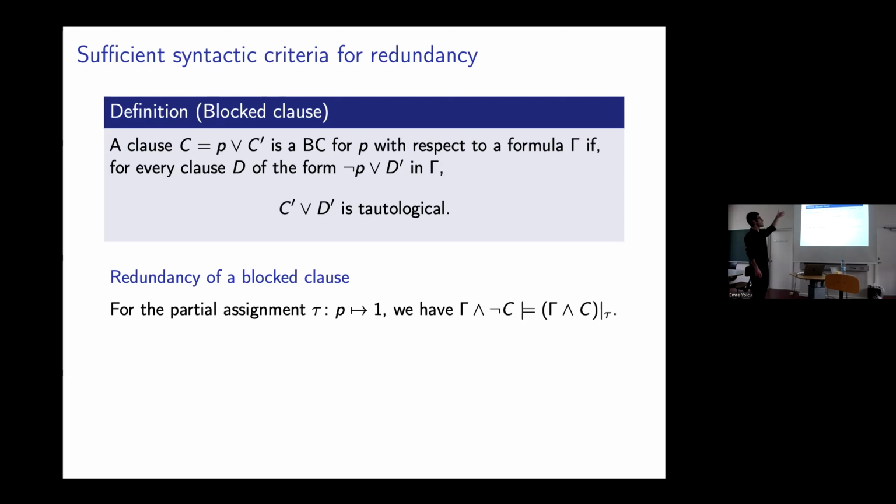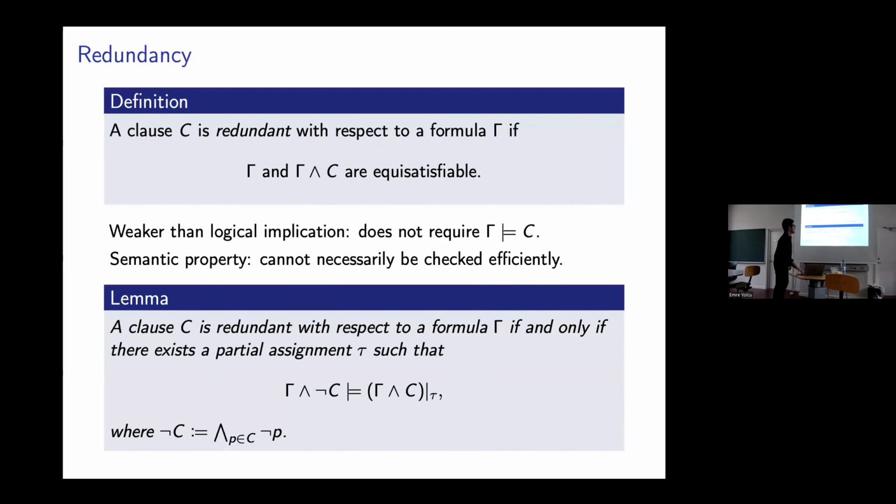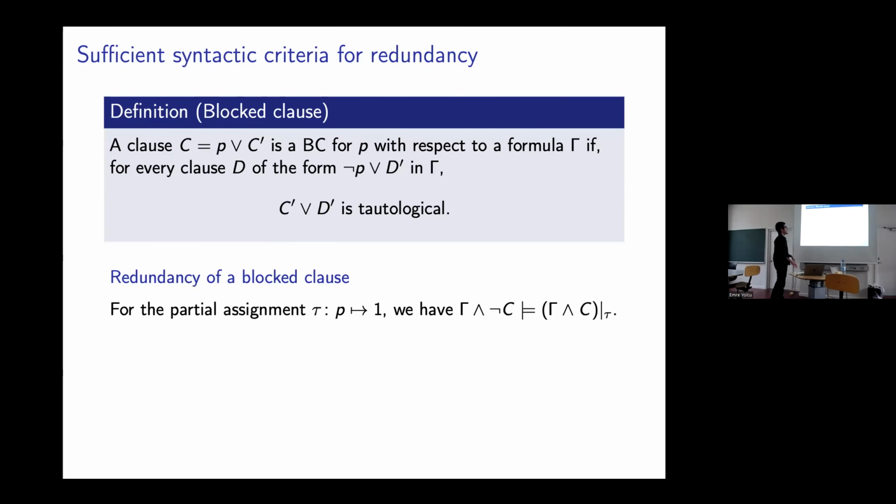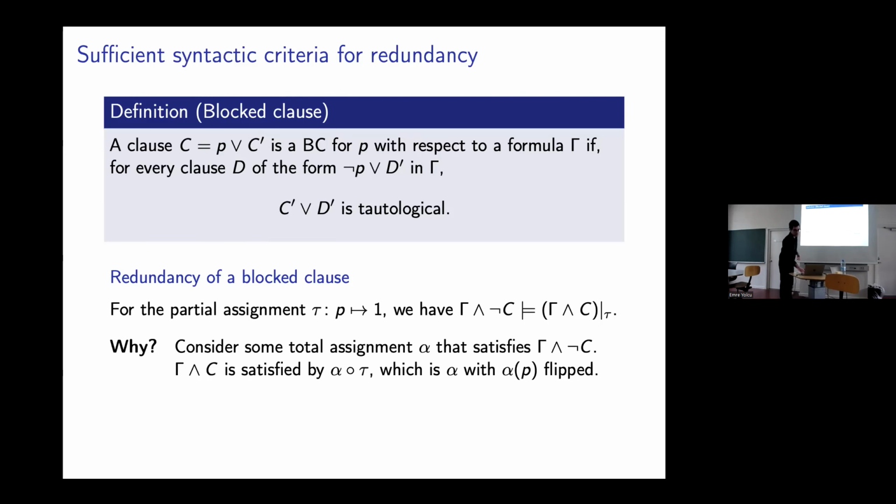So if you have a block clause, then if you remember this characterization here, I'm trying to exhibit a partial assignment such that this kind of relationship holds, which would show that the clause is redundant. So for a block clause, you immediately have an assignment that just assigns this distinguished literal to 1. And with this assignment, we will have this. So why is that?